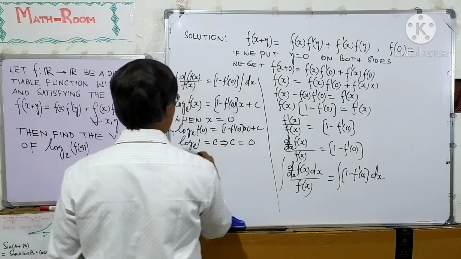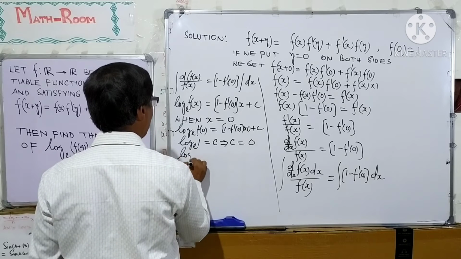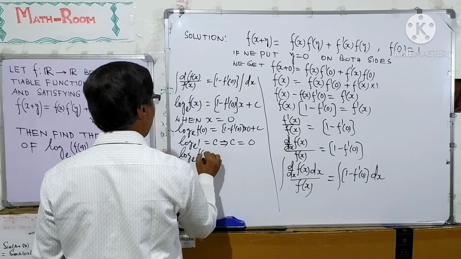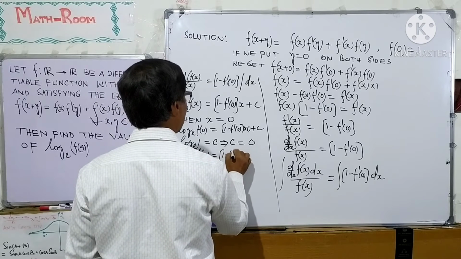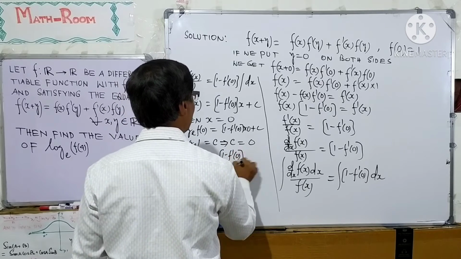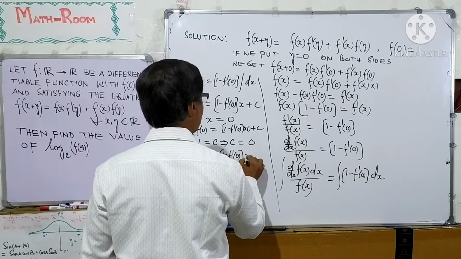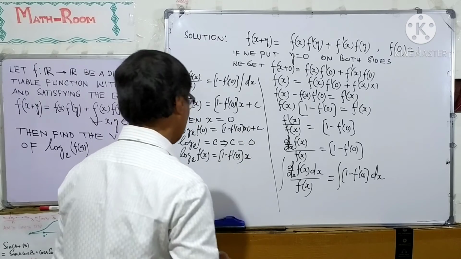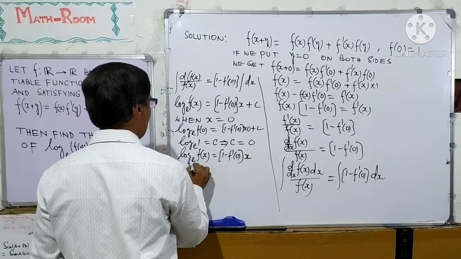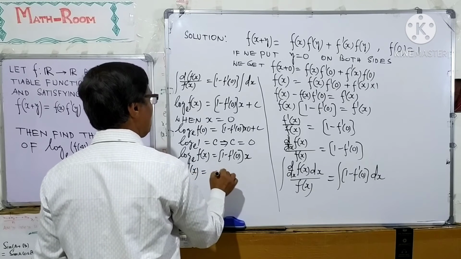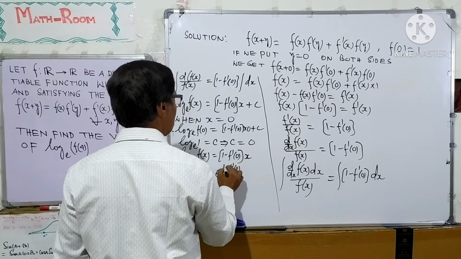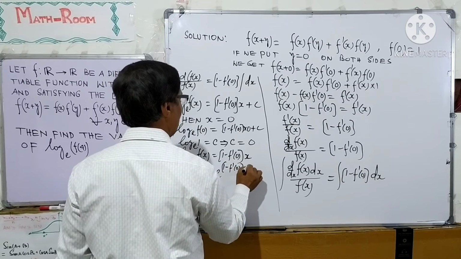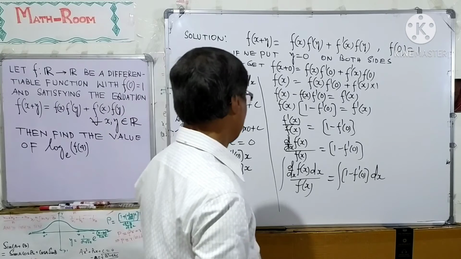So, we get natural logarithm f(x) equal to 1 minus f'(0) x, since c equal to 0. So, f(x) equal to e to the power 1 minus f'(0) x.